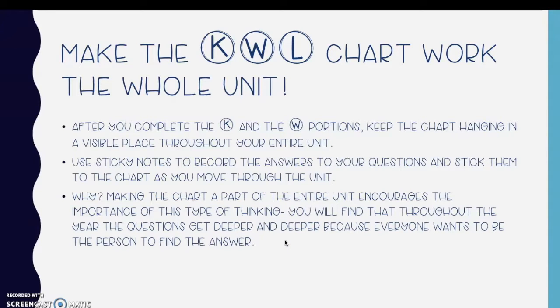So why do this? Making it a part of the entire unit kind of pulls this thinking throughout the whole unit. We want to see what we know. We want to ask questions about the world, and that doesn't go away throughout the whole unit. So what I like to encourage is, as you learn more, you just keep asking more questions.